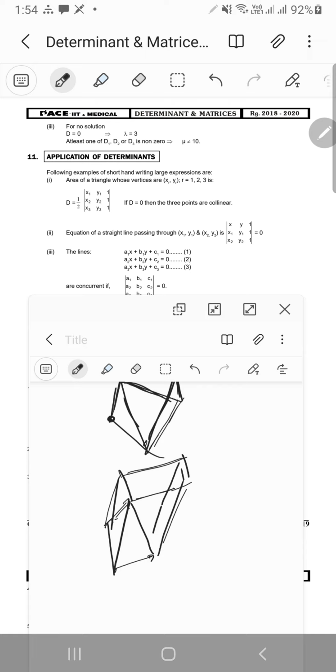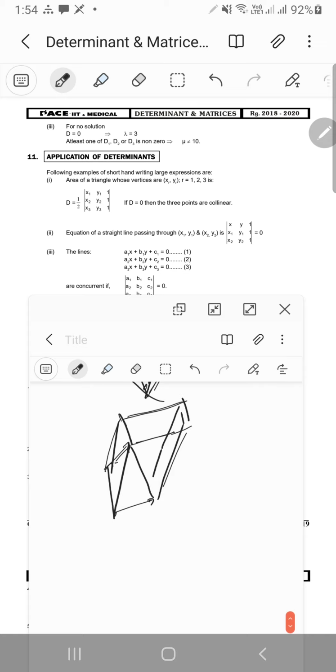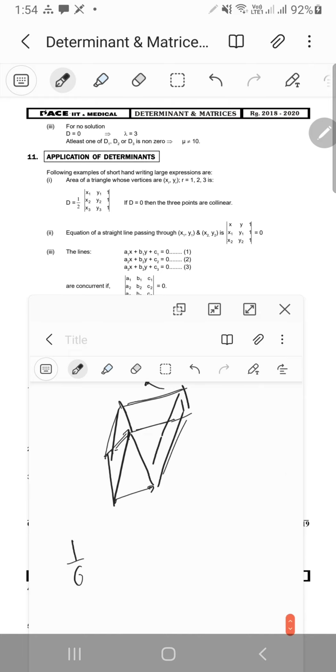Yeah, so not the tetrahedron. In fact, we don't want the tetrahedron at all. Yes, this is doable. The volume of the tetrahedron will just be 1/6 of the volume of this parallelepiped, which is the determinant, right? 1/6 the determinant is the volume, but the volume at the same time is also the area of this triangle.